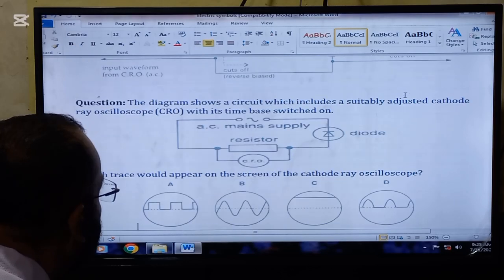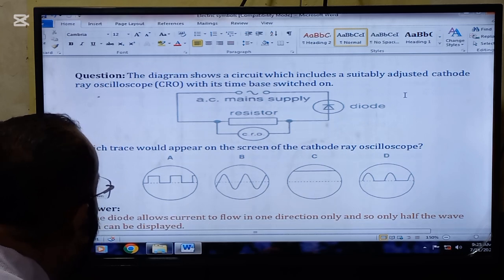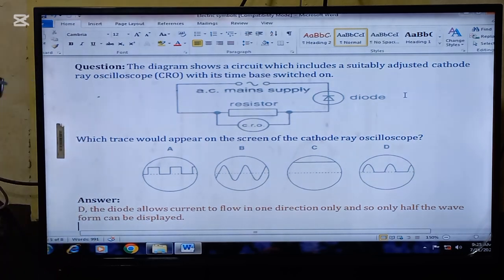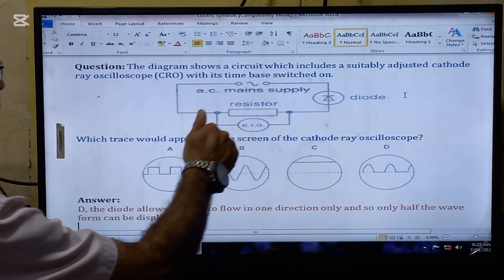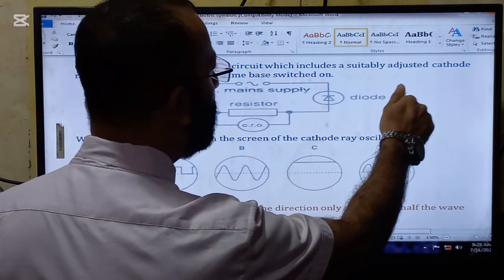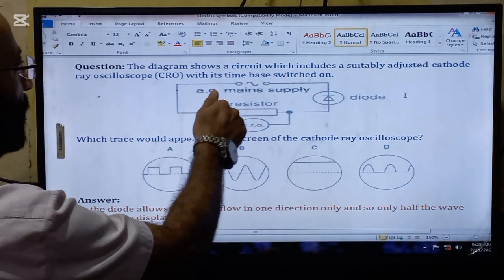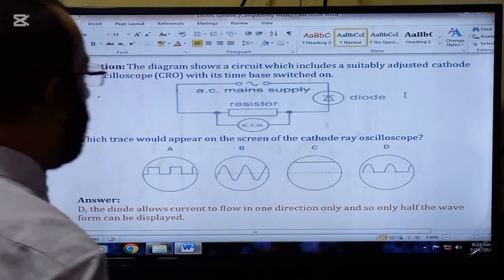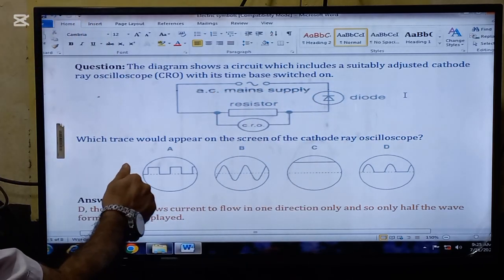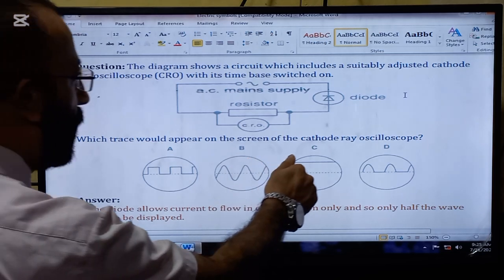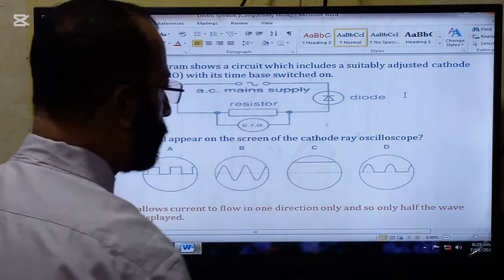So here is a question now from half-wave rectification. The diagram shows a circuit which includes a suitably adjusted cathode ray oscilloscope (CRO) with its time base switched on. Which trace would appear on the screen of the cathode ray oscilloscope?